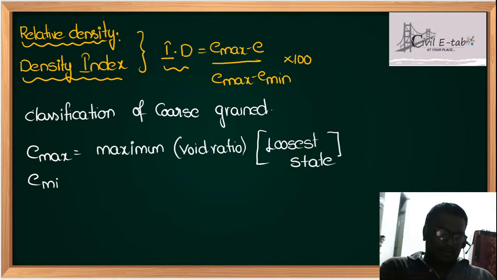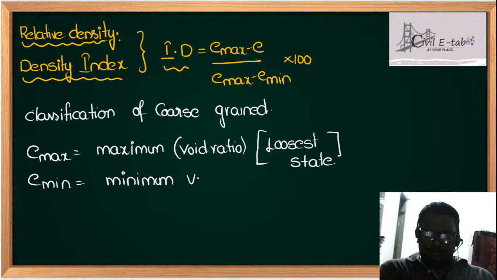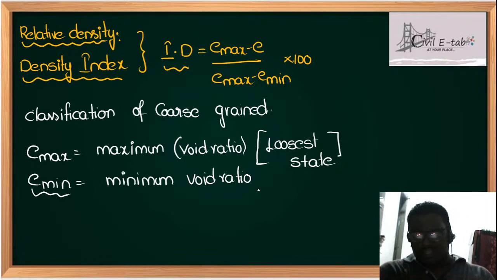Whereas Emin is known as minimum void ratio. See students, void ratio tells about the voids. So when you say the void ratio is minimum, then it says that it is the densest state.